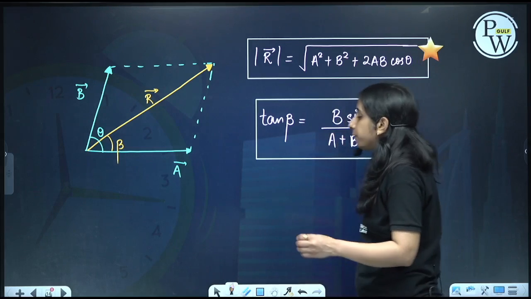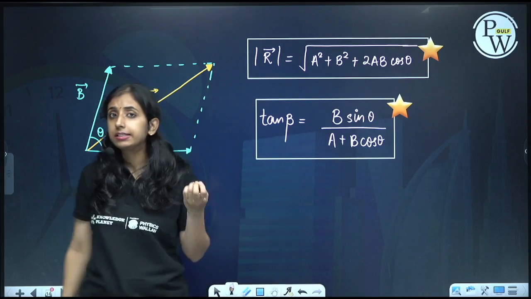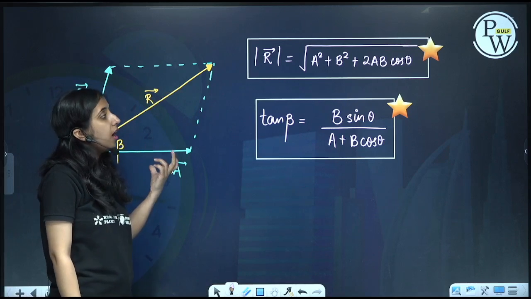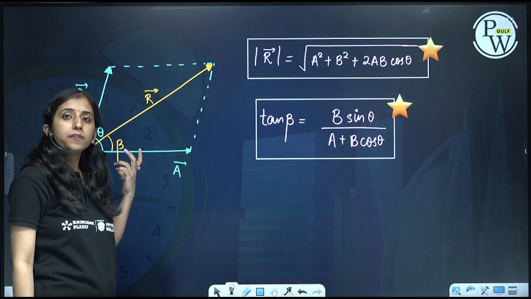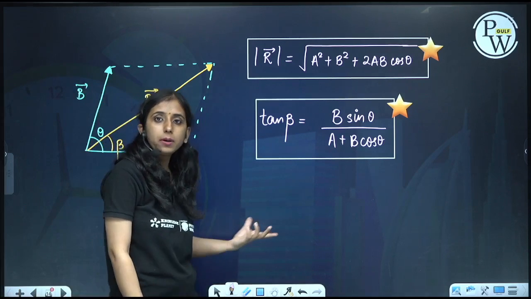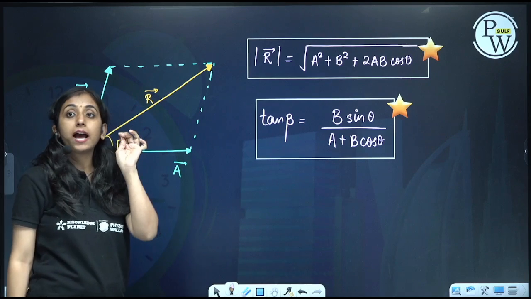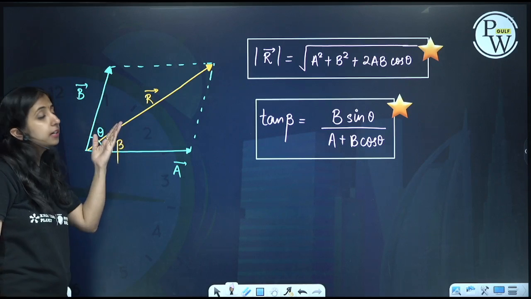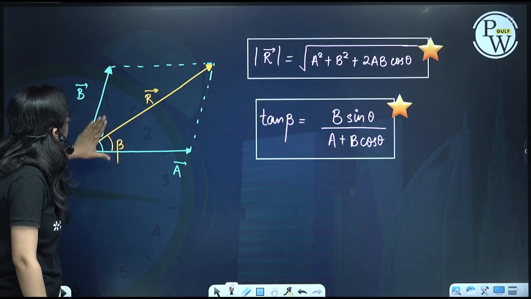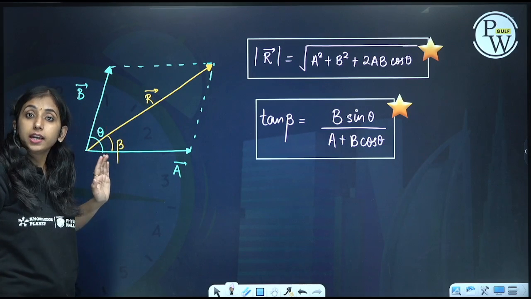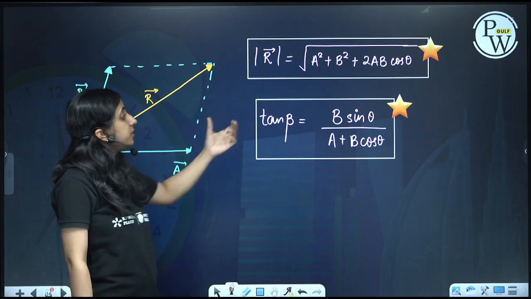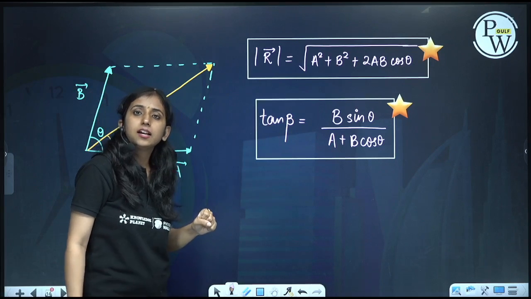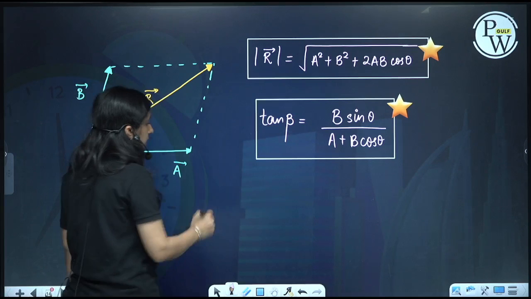If we want to find the resultant of two vectors, R will be equal to the square root of A square plus B square plus 2AB cos theta, where theta is the angle between A and B, and the angle the resultant vector will make with A is beta. Tan beta will be equal to B sin theta divided by A plus B cos theta.